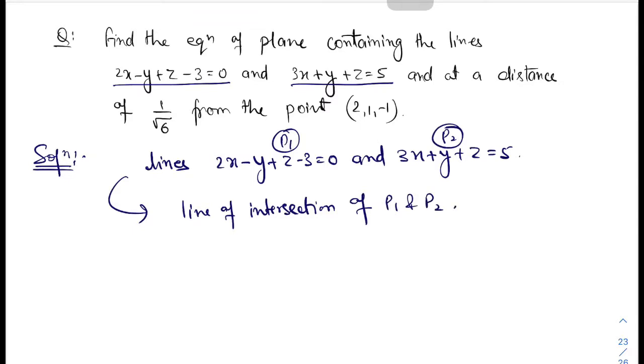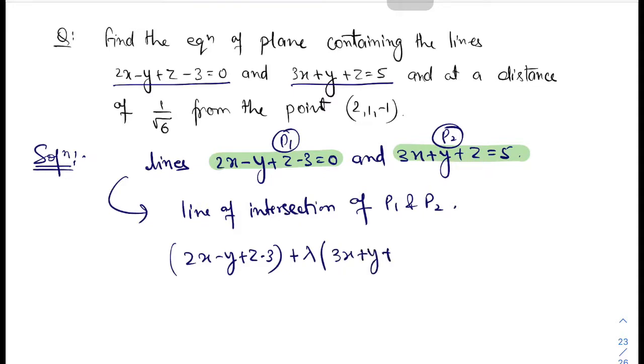So you have to write the equation of a plane which is basically passing through the intersection of this P1 and P2. So that plane would be like this: P1 plus lambda times P2 equal to 0.